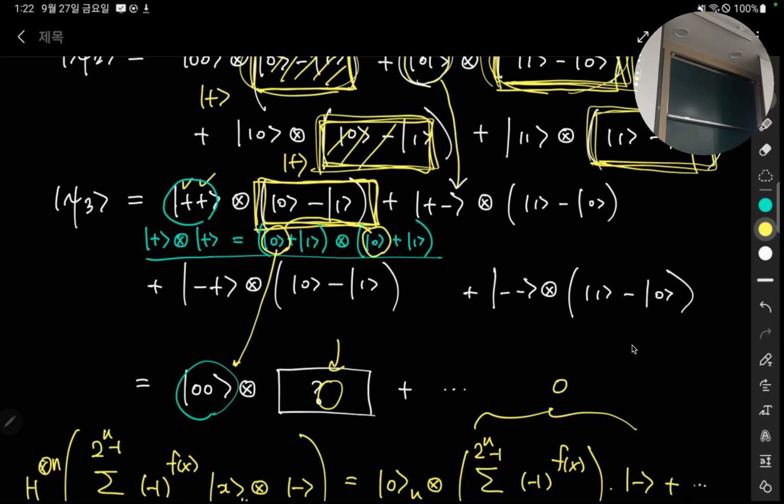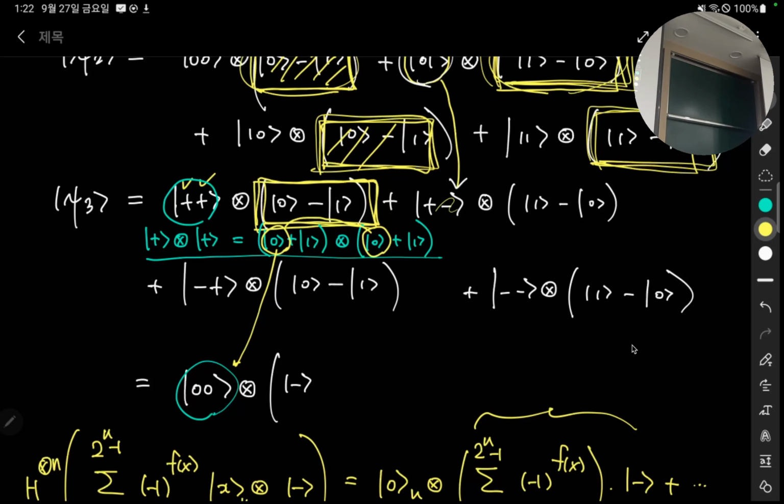Okay, so let me write this explicitly. So I have basically minus here. Actually, there's a typo, so it's not plus, I'm sorry. So this is all minus, by the way. So let me erase this for now. And so this is minus, and how about here?